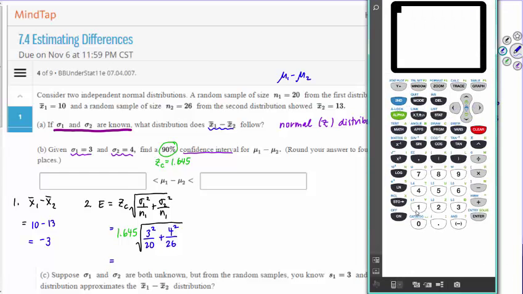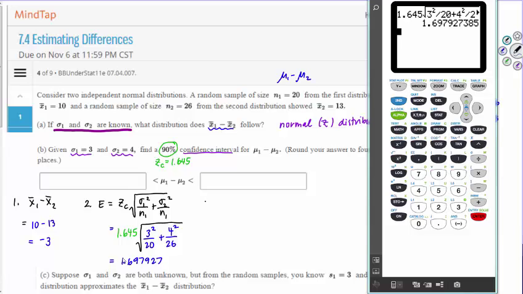I like to do this all at one time in the calculator, so 1.645 times the square root of 3 squared divided by 20 plus 4 squared divided by 26. That's 1.697927, yada yada. You see that that goes on for quite some time.